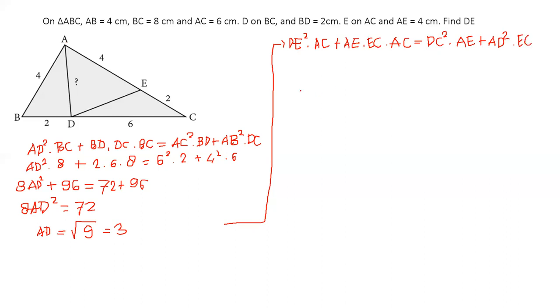We're going to find DE. DE squared times AC: AC is 6. AE is 4, EC is 2, AC is 6.